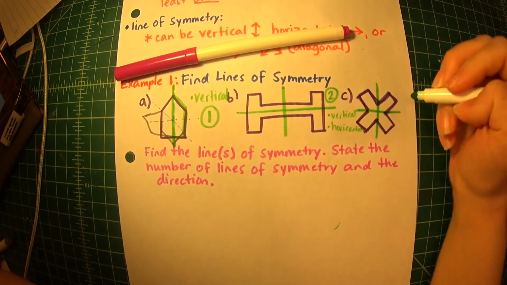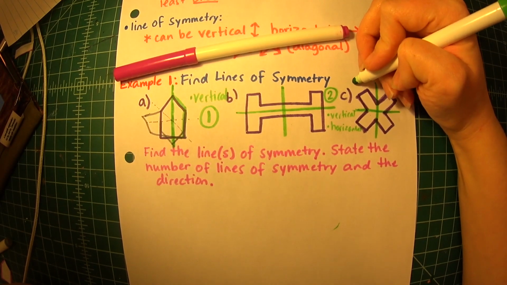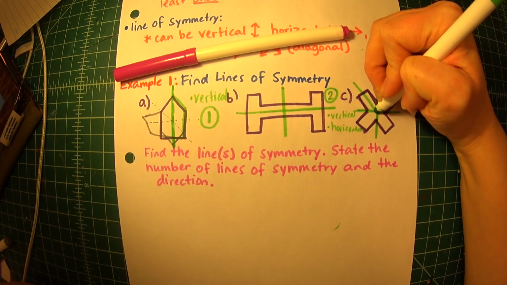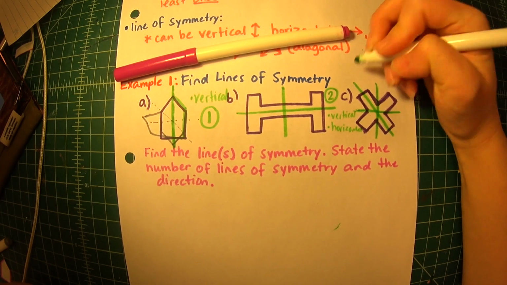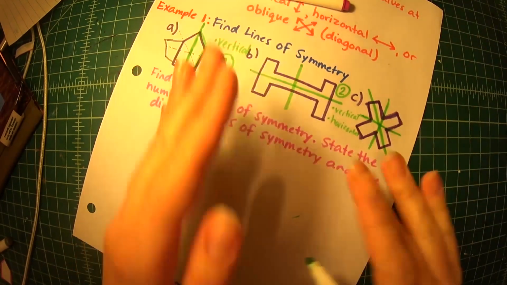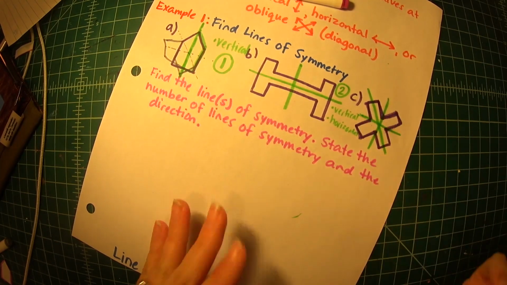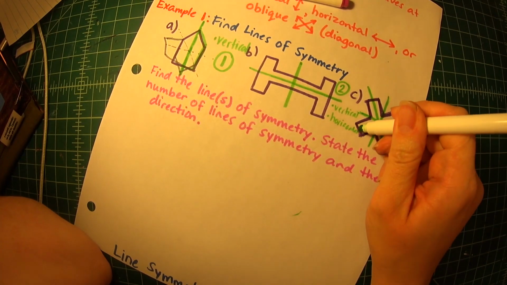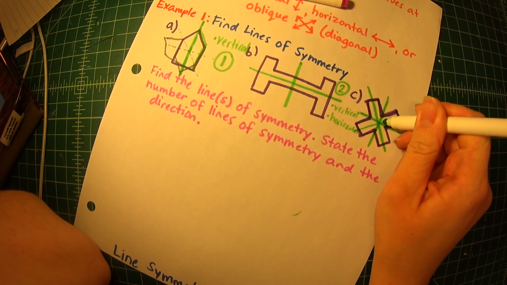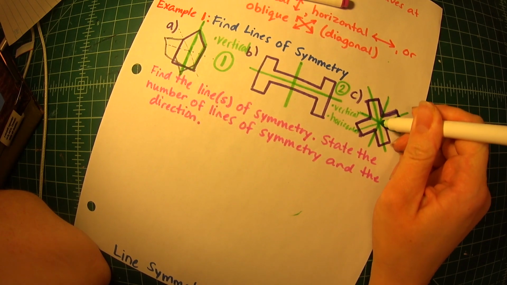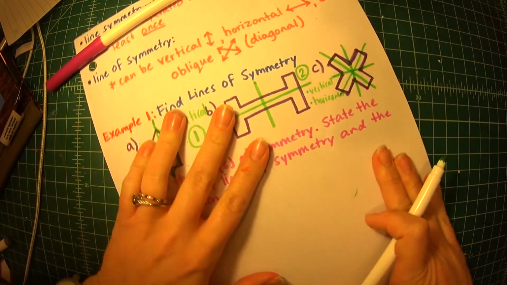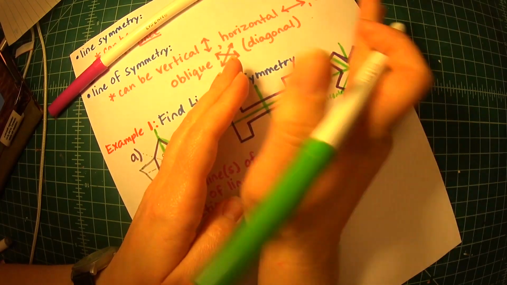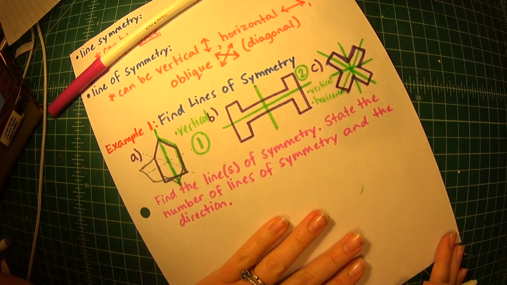Ooh, but let's go on here because look at, if we draw a line here, now we're kind of looking at it to the side like a plus sign. That's also going to match up. And same thing here. Okay, again, if we're looking at a plus sign that direction, those two sides are mirror images as well.